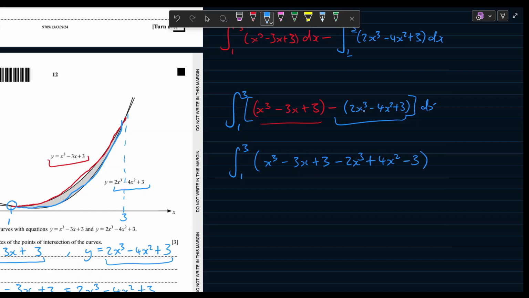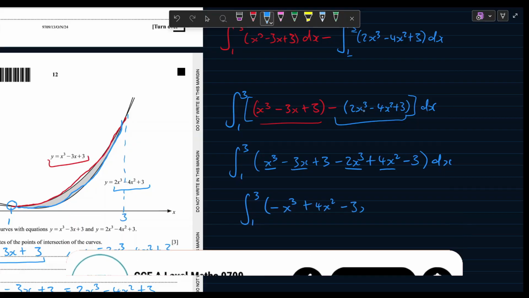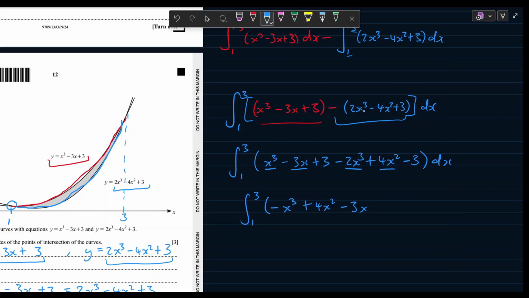This is all with respect to x. Simplify again, 1 to 3. x cubed minus 2x cubed gives us negative x cubed. Then we've got a positive 4x squared, negative 3x, then 3 minus 3 cancels out, and this is all with respect to x.